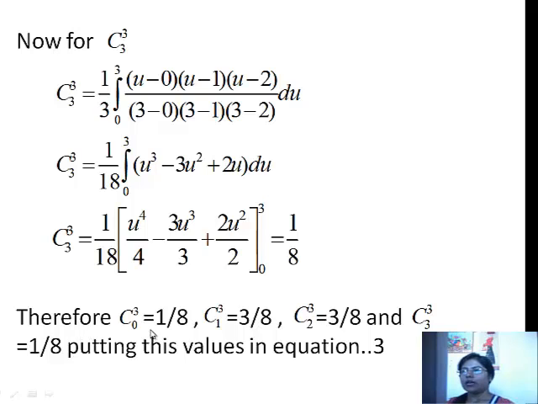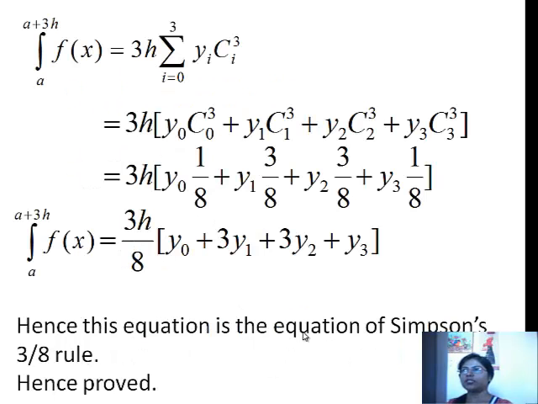Therefore c0 cube equals 1 by 8, c1 cube equals 3 by 8, c2 cube equals 3 by 8 and c3 cube equals 1 by 8. Now putting these values in equation 3, we get this equation.